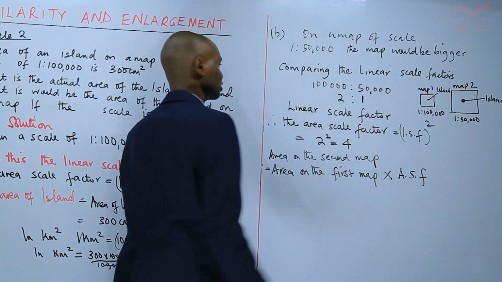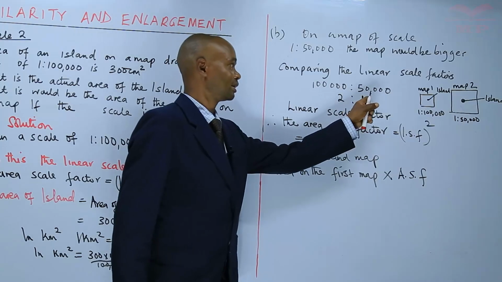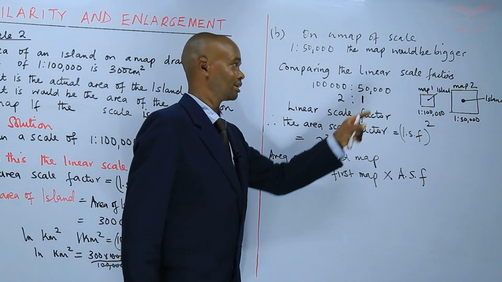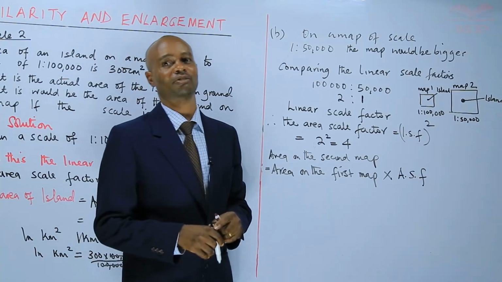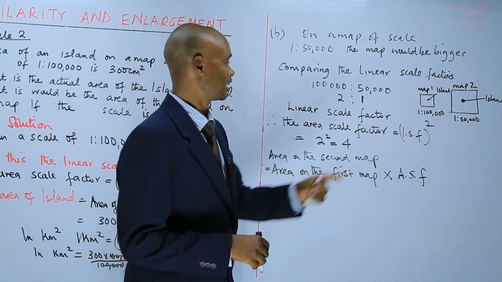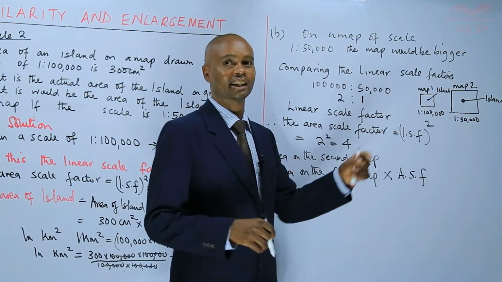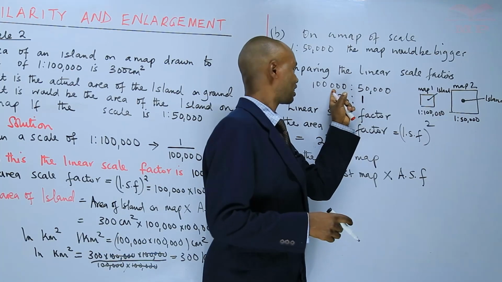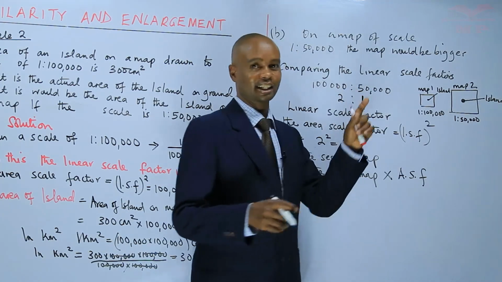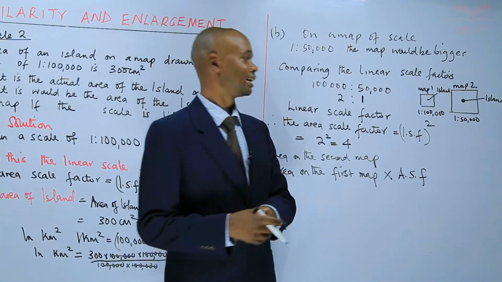Be careful: don't think that because this is a smaller number it will give a bigger map. It is inversely proportional. The smaller the number, the bigger the map. The bigger the number, the smaller the map.